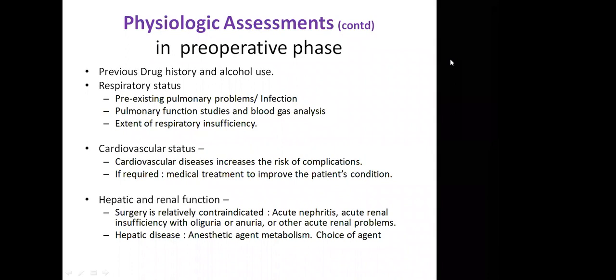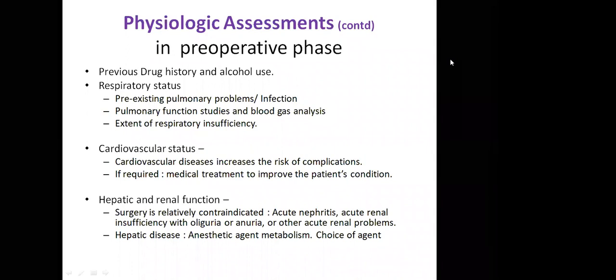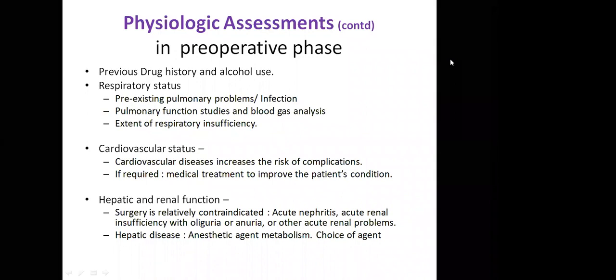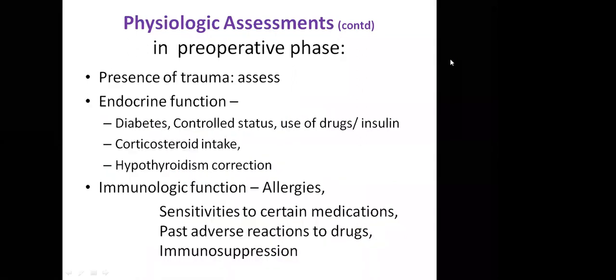Hepatic and renal function, we should know about it because they are very important. If the patient is having gross renal function disturbances, then surgery is relatively contraindicated unless it is very much required or to correct the renal functions. Hepatic disease we should know because all anesthetic agents get metabolized in the liver.